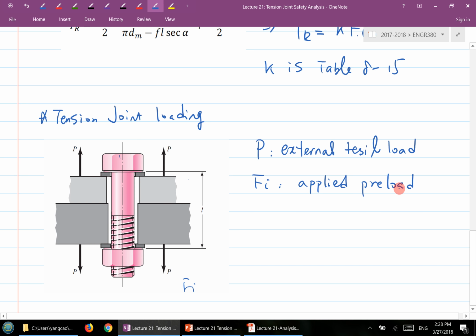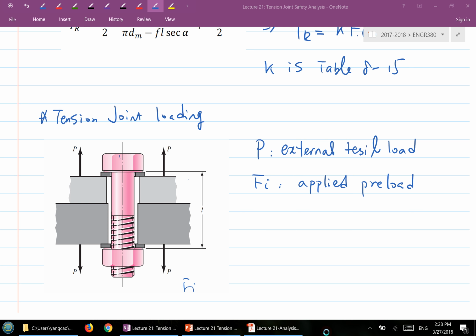Imagine if there's no external load P, then the bolt will feel this Fi, which is a tensile force, and the member will also feel this Fi, which is a compression force.